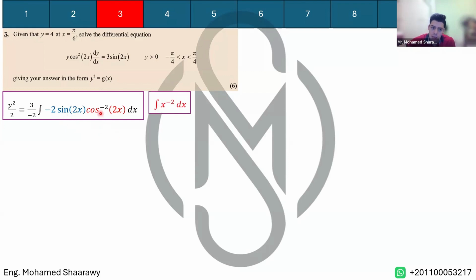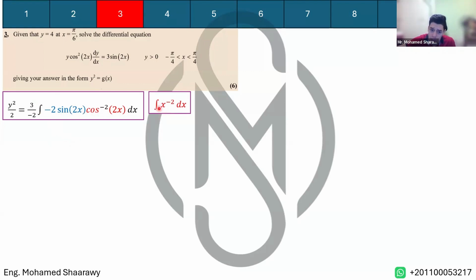Okay, now I'm having a function to the power of negative 2 and its derivative. How do I perform the reverse chain rule? Imagine if this is invisible. Let's hide this derivative and ask yourself, what is the integration of any function to the power of negative 2?